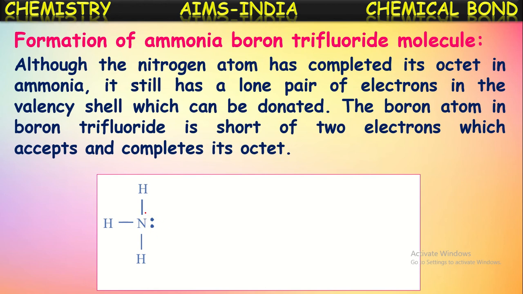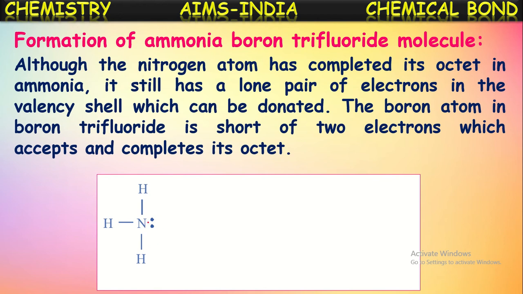Isn't it? We know nitrogen has 5 valence electrons. Out of these 5 electrons, 1 electron is shared with each hydrogen atom. So 3 electrons are shared here. Thus, nitrogen is getting an octet configuration. And then it is having one lone pair of electrons in its valence shell.